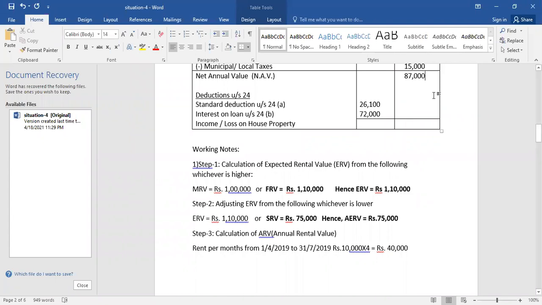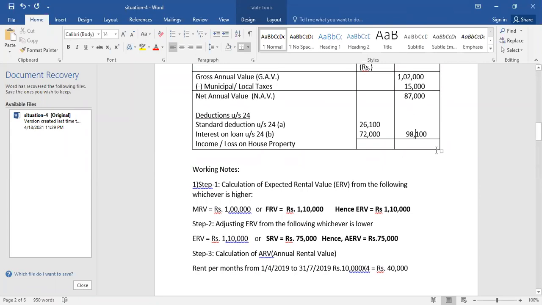So now how much is the total amount of both of these two amounts? Is it 98,100? Yeah, 98,100. So is it income or loss from house property? Yeah. Loss 11,100.